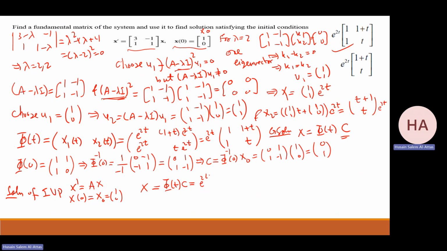E to t times 1 plus t, 1, t, 0, times 0, 1. This will be what? First row times the first column. That will be 1 plus t. This is 0 plus t, which is this one. So this is my answer.